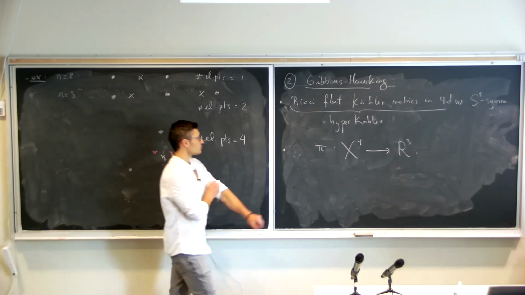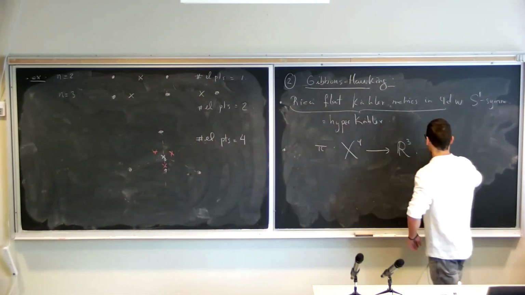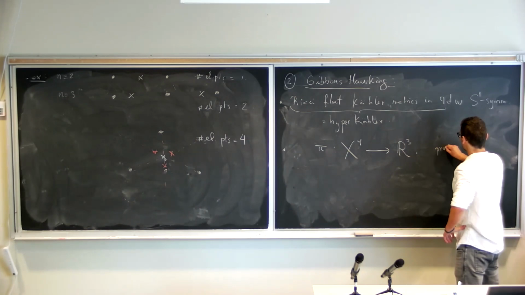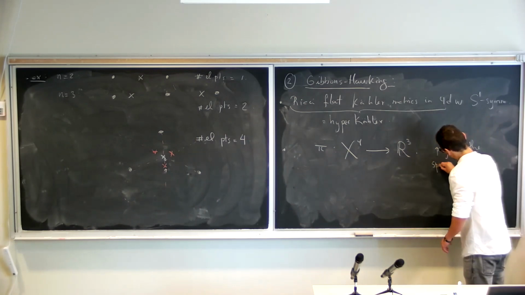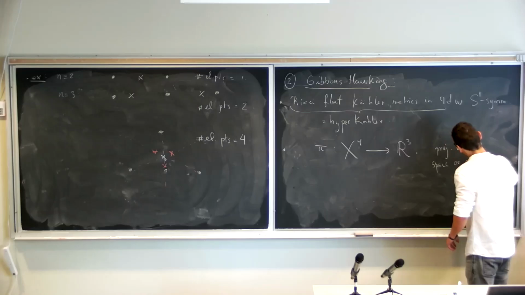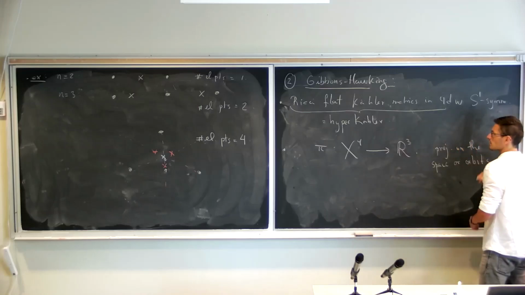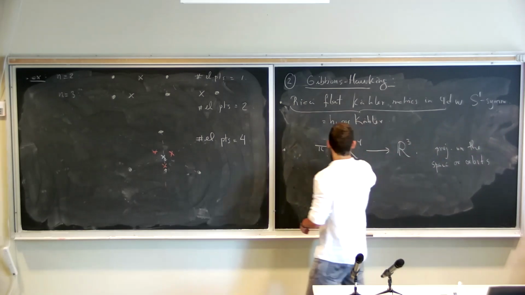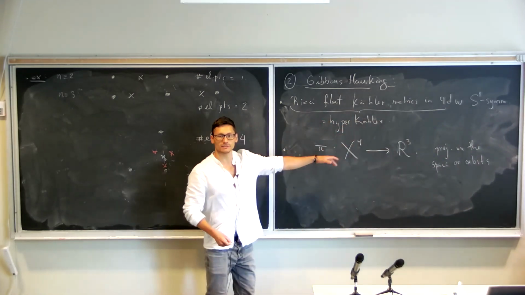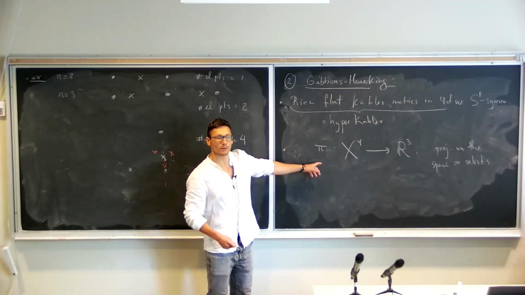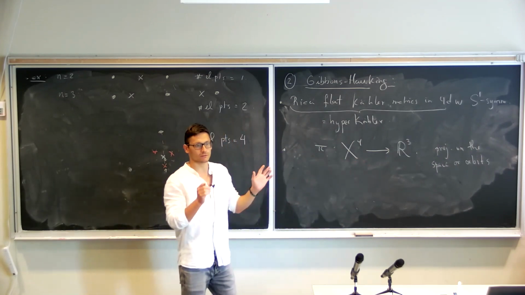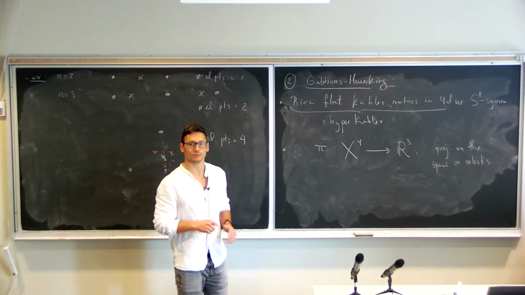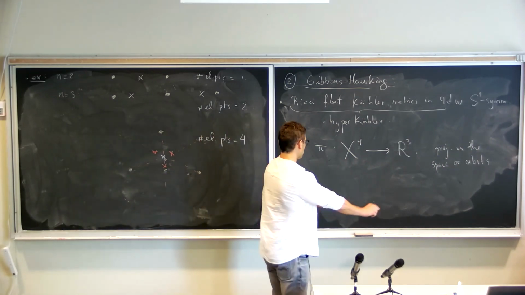So this is the projection on the space of orbits. And if you know what a hyperkähler manifold is and what the hyperkähler moment map is, this is the hyperkähler moment map. But if you don't, just think of this as a projection on the space of orbits.